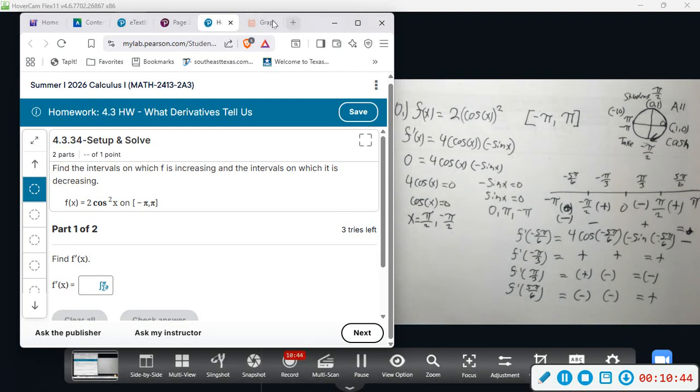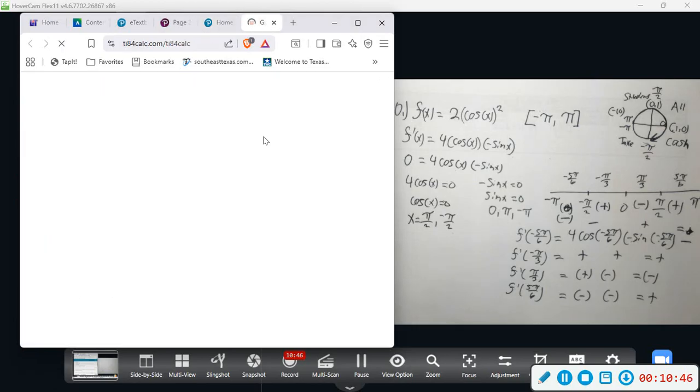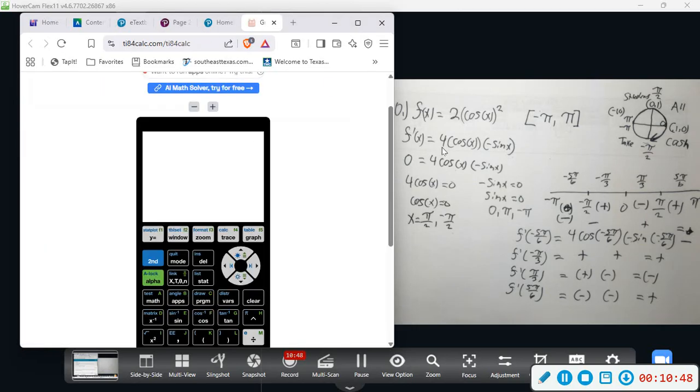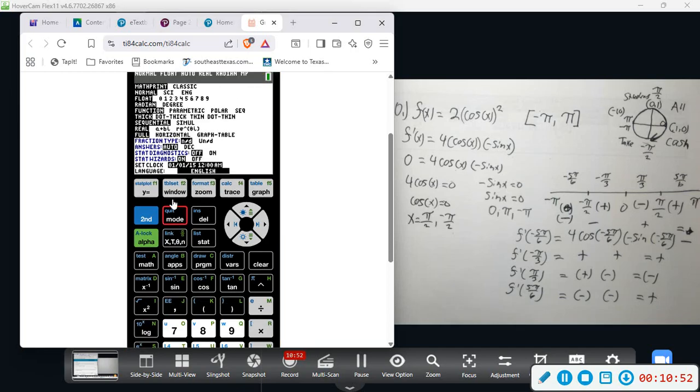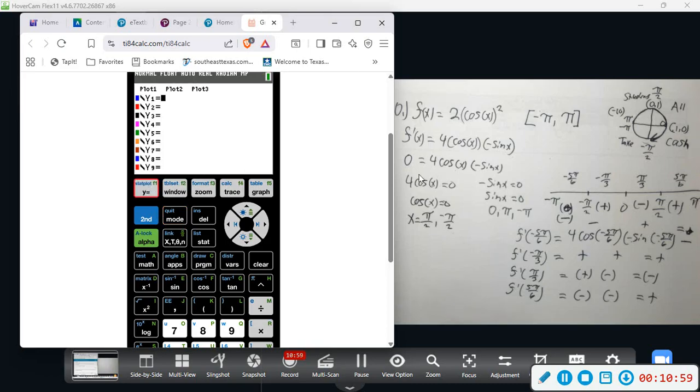I'm going to use this calculator. I'm going to plug in the derivative function. So I'm going to double check to make sure the mode is in radian mode. Okay, so it's in radian mode. That's good. I'm going to go to y equals. I'm going to type in this function.